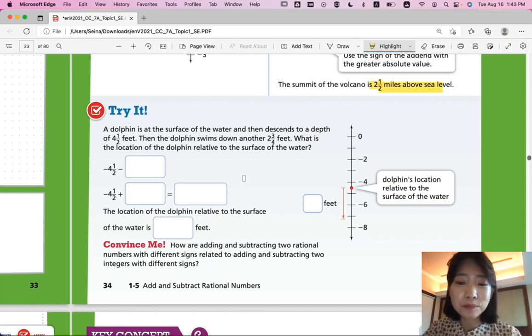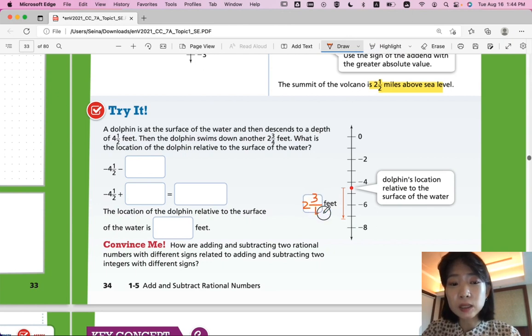Okay, are you ready? So from the surface of the water, it descends to a depth of 4.5 feet and then swims down another 2 3/4 feet. So you're going to fill in this blank with 2 3/4 feet. So what is the final position here relative to the surface of the water?